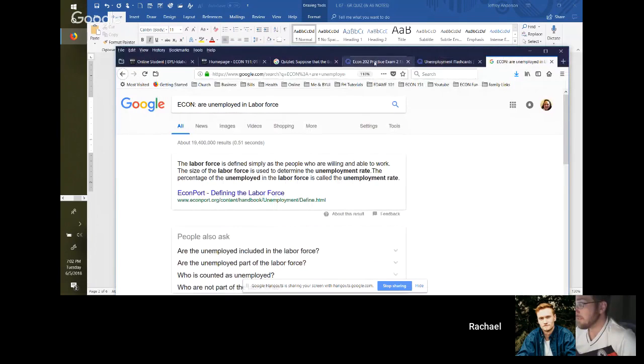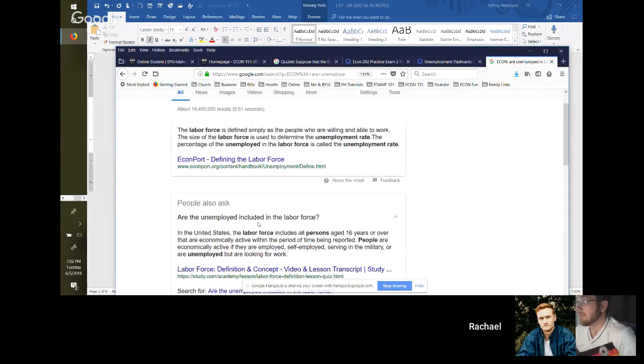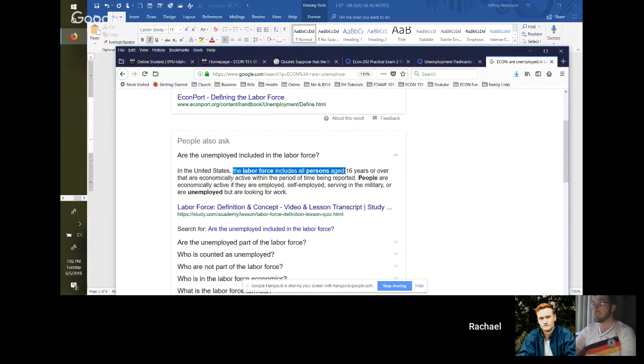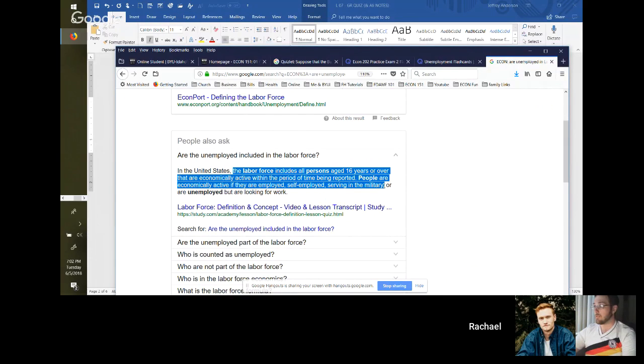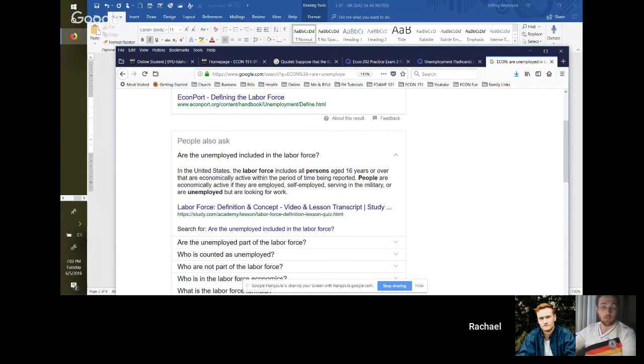So according to this here, and I haven't opened it up yet, are the unemployed included in the labor force? The labor force includes all persons aged 16 or over that are economically active in the period of time reported. People are economically active if they're employed, self-employed, serving in the military, or are unemployed but are looking for work. That's the labor force? That's what it says the labor force includes.